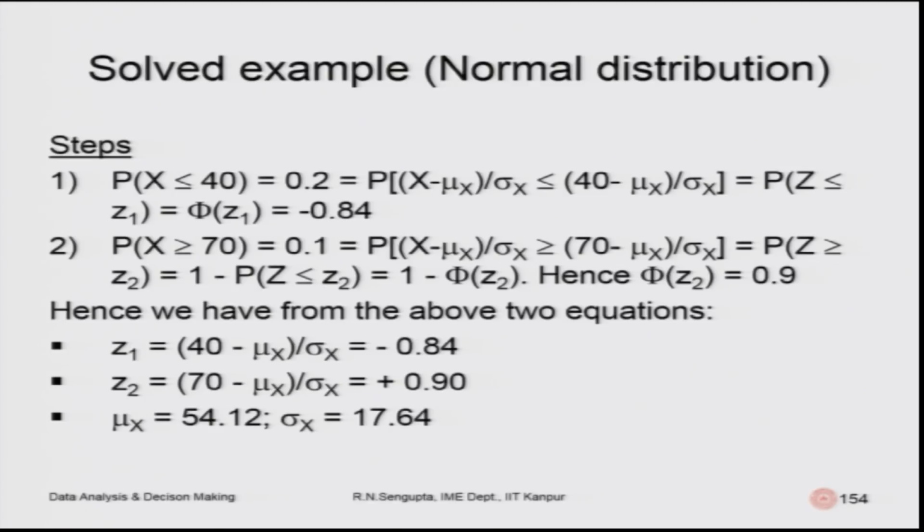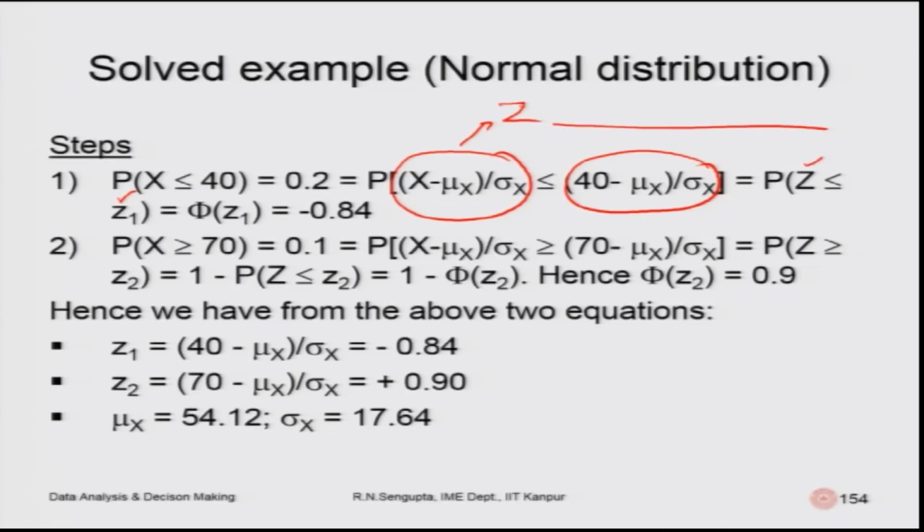When we consider the probability of less than 40, it is 0.2. If I consider x to have a mean value of mu and a standard deviation sigma, obviously I do this transformation. So, this becomes z, and the corresponding value is 40 minus mu divided by sigma. So, this is z and this is small z 1. What I am technically doing is integrating all the values from minus infinity to the value of z which corresponds to 40.